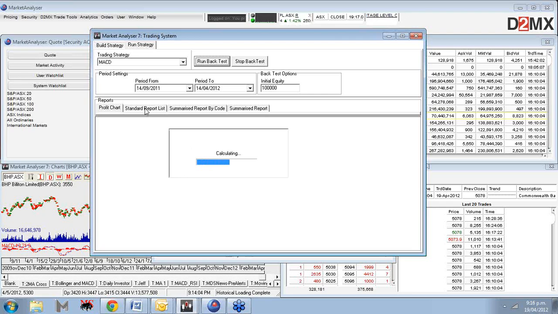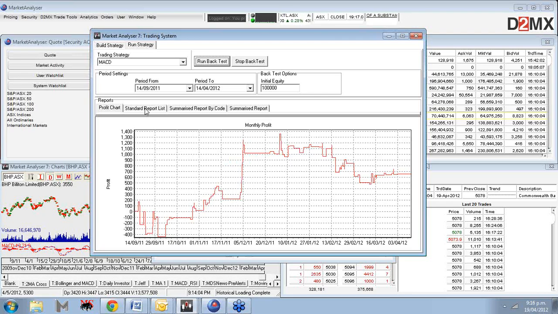Another little trick I found when running lots of tests is occasionally close the program down. It seems to clear out the memory and then it runs a little bit quicker moving forward.